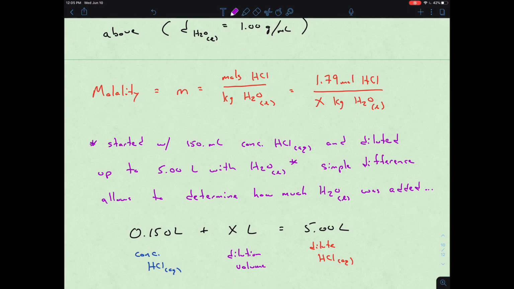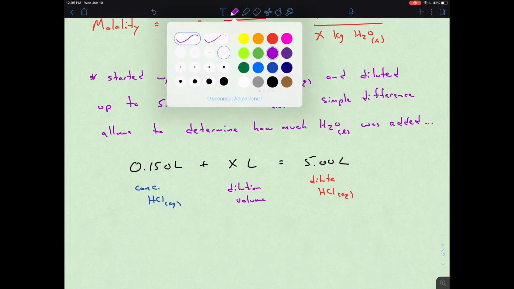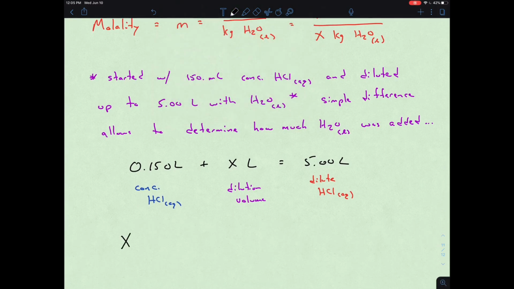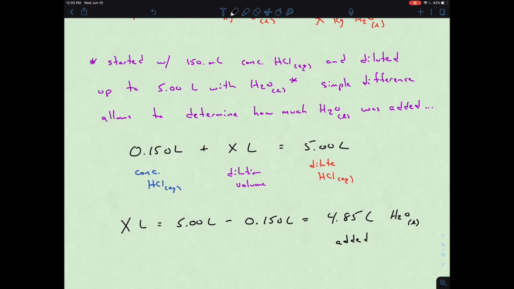So we could easily just subtract off our volume. So we would have 5 liters minus 0.150 liters, and so we get a value of 4.85 liters of H2O has been added during the dilution.